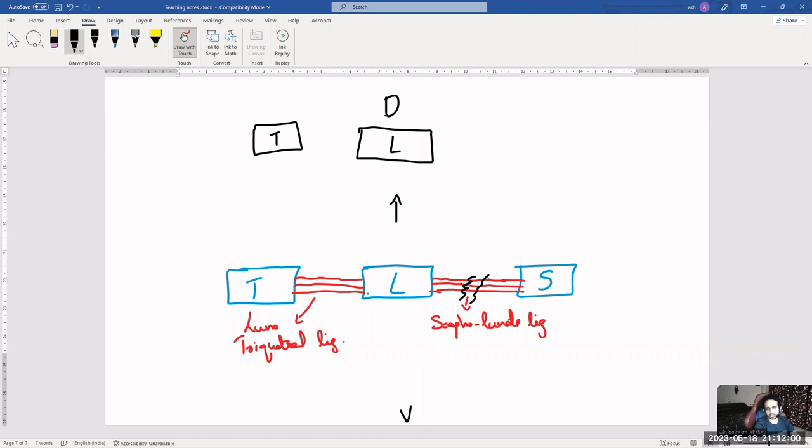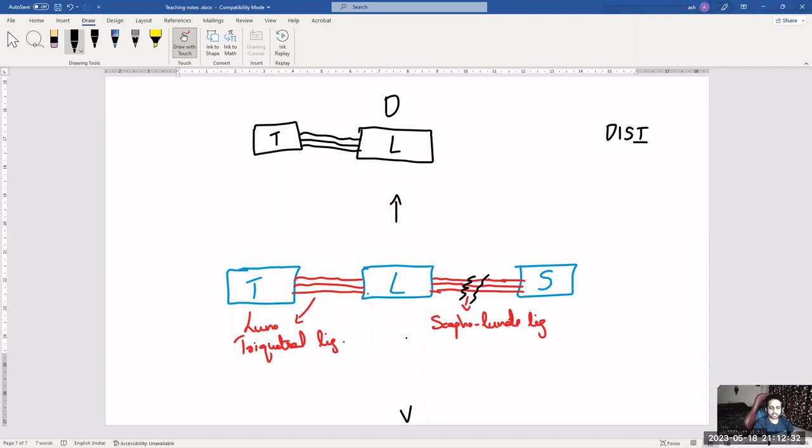The lunate will tilt dorsally, and the triquetral will also tilt dorsally along with the lunate, and the lunotriquetral ligament is intact. This is the first scenario, and this is what happens in DISI. Because the lunate has moved dorsally, the naming is based upon that. This is the dorsal intercalated segmental instability.